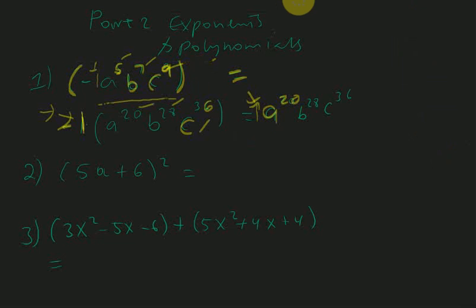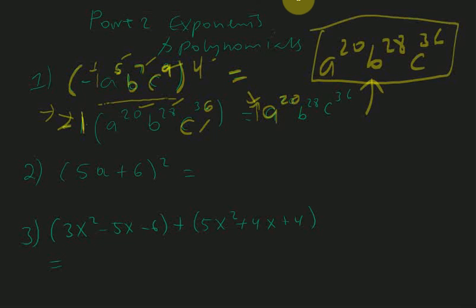The outside power here is 4, so you multiply each one. So the final answer becomes a to the power of 20, b to the power of 28, and c to the power of 36. This is the final one.